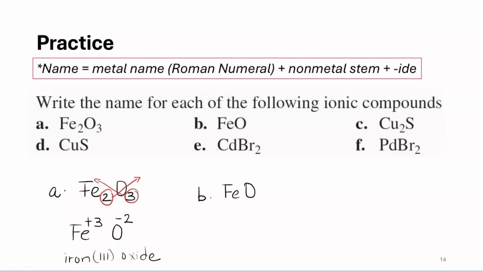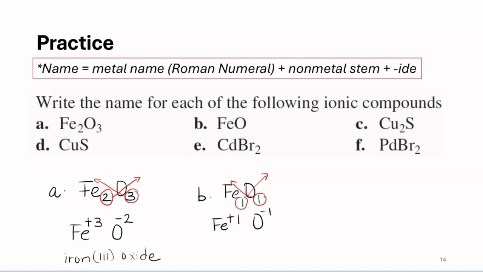We can observe that there's no numbers written next to Fe, which is iron, and next to oxygen. That means that there is an implied value of 1 next to it. If we do the same process in which we assign the value back to the ions, at first we will be writing Fe1+, O1-.